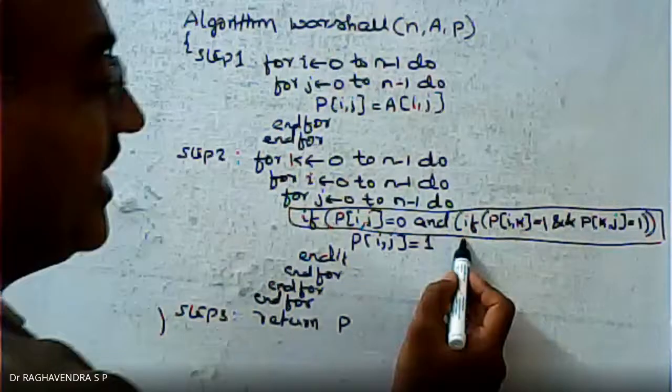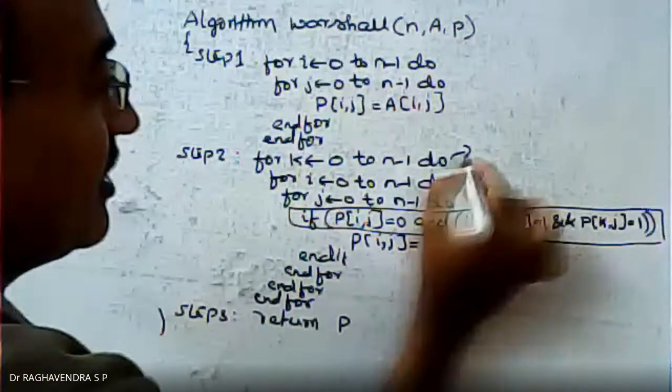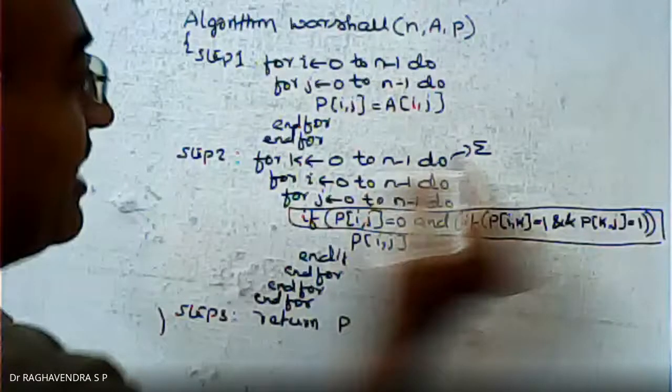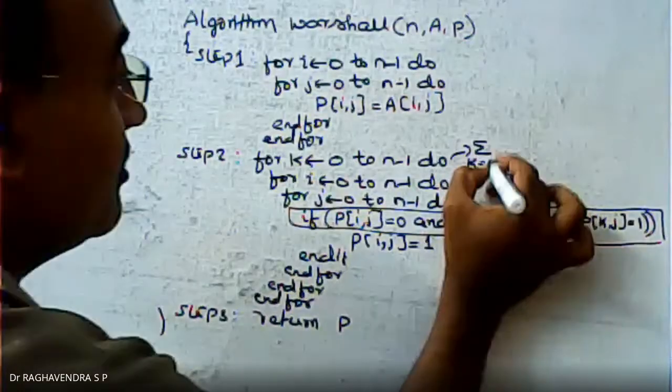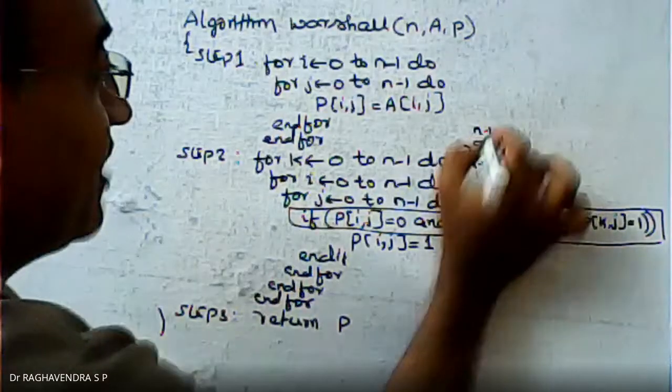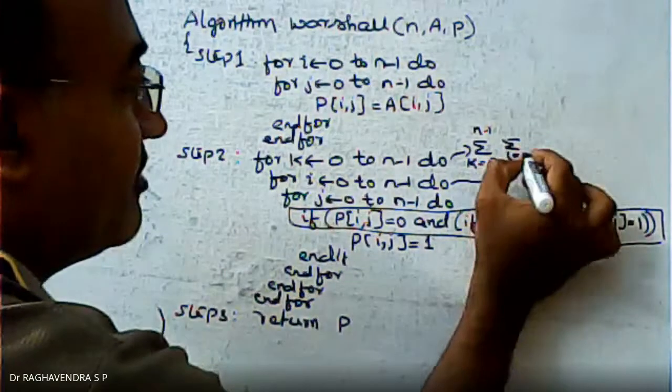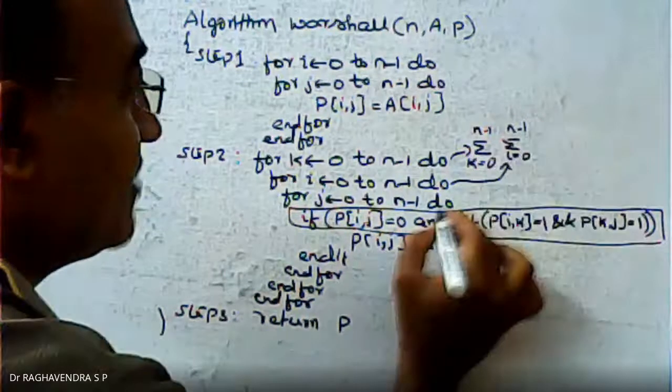So which is the first loop? This one. That is the summation. Where does it start? K is equals to 0 to n minus 1. Very good. Tell me the next for loop. I is equal to 0 to n minus 1, summation I is equals to 0 to n minus 1. Next for loop.